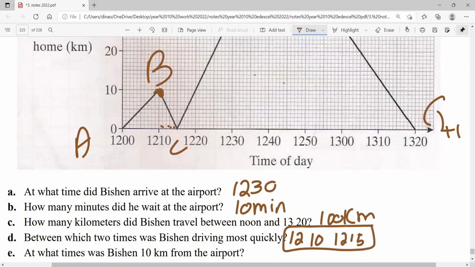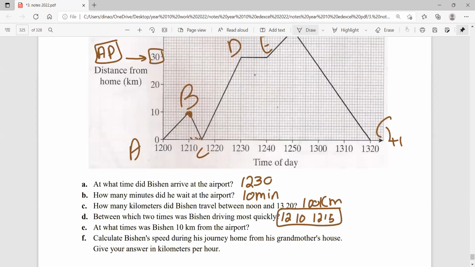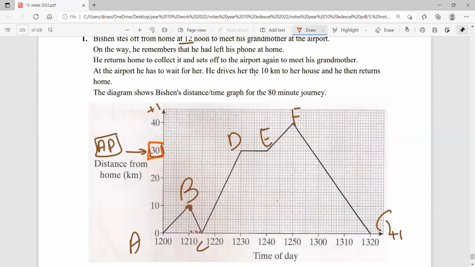At what times was Bishan 10 kilometers away from the airport? Now let's see where is the airport. The airport is 30 kilometers away from home. We can say it nicely: the airport is at kilometer 30. We want to know when Bishan was 10 kilometers before the airport and 10 kilometers after the airport. So 10 kilometers before the airport means kilometer 20.